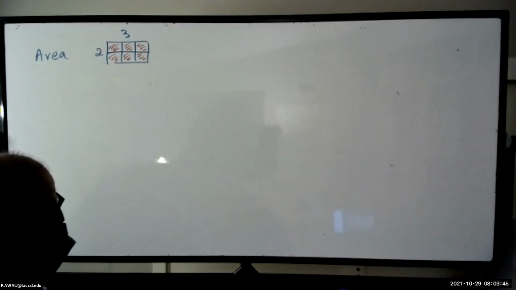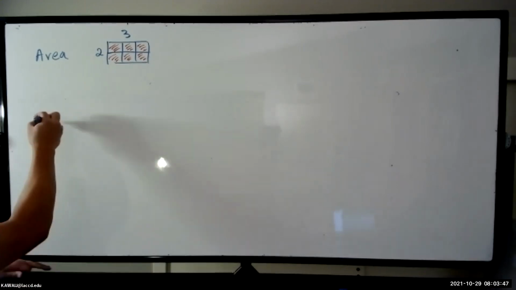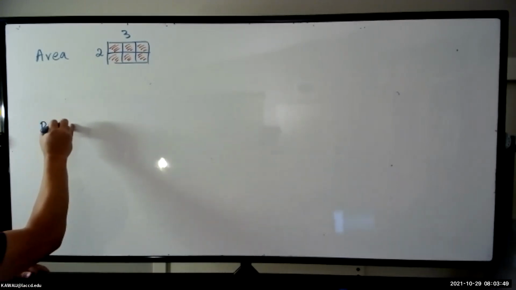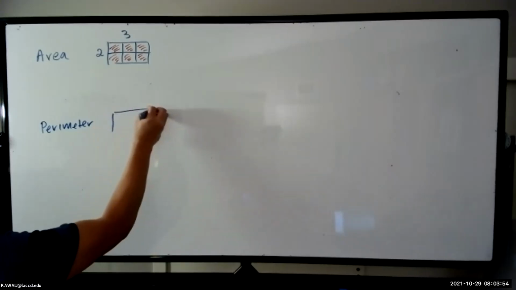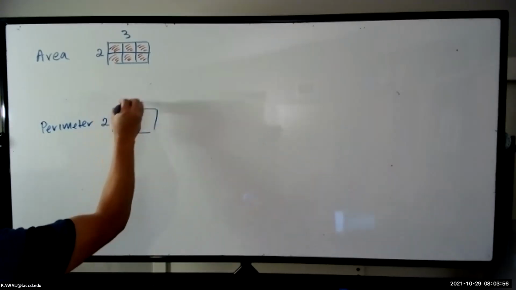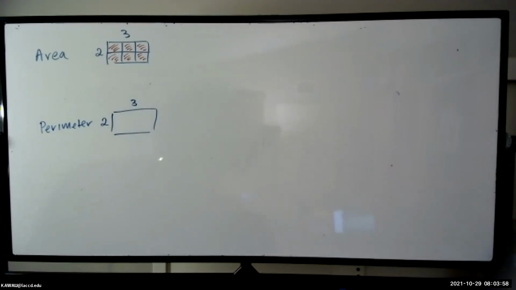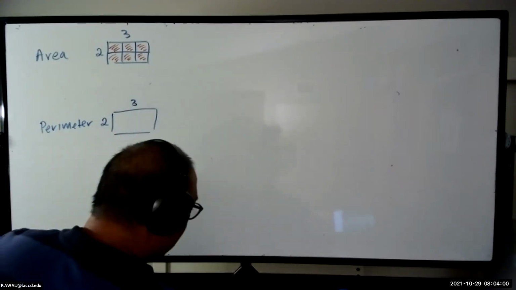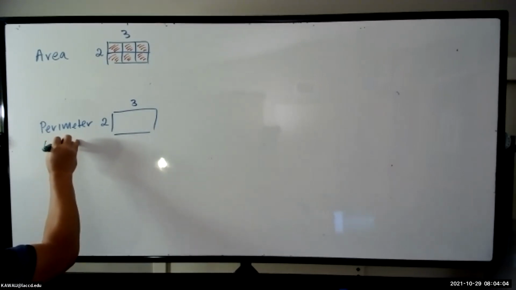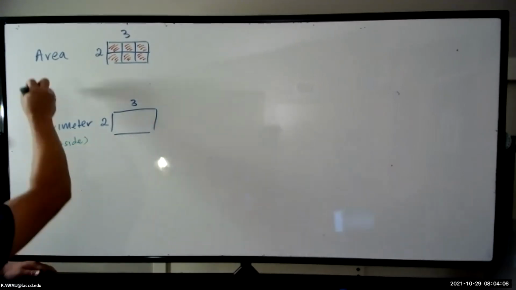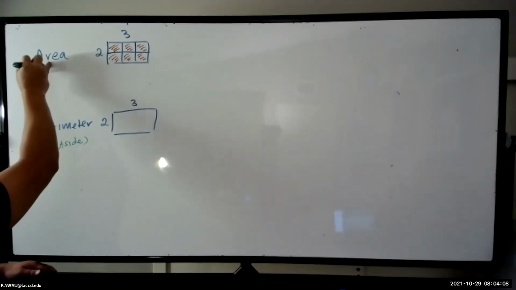Now, when they're talking about perimeter, we're talking about the distance around the shape. So this is what describes the outside. And then this describes the inside.